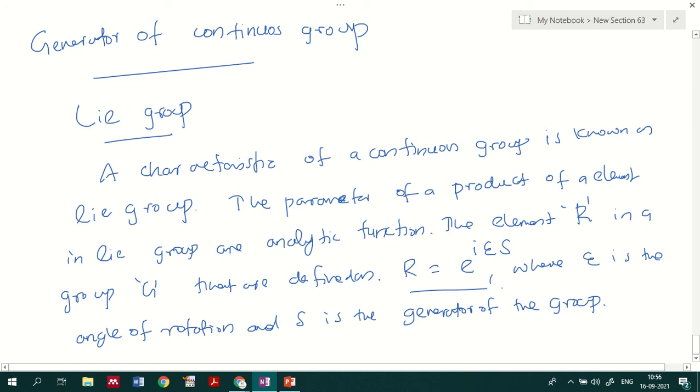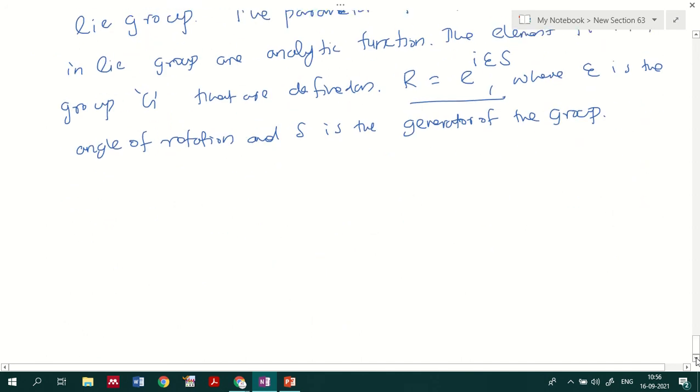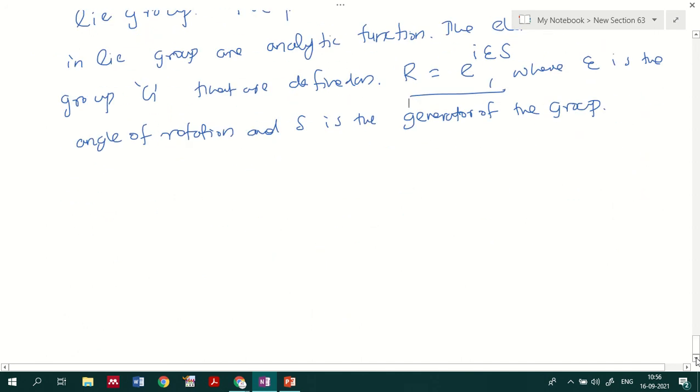In this matrix we don't have a trace corresponding to that, so we used to call it a traceless matrix.